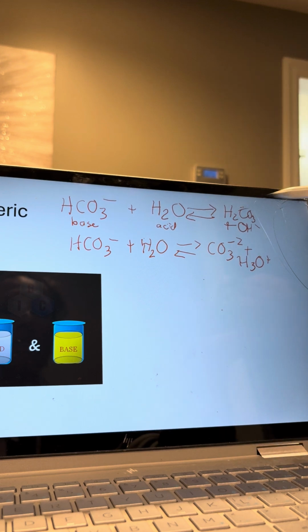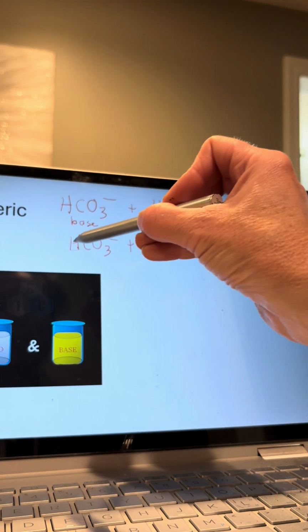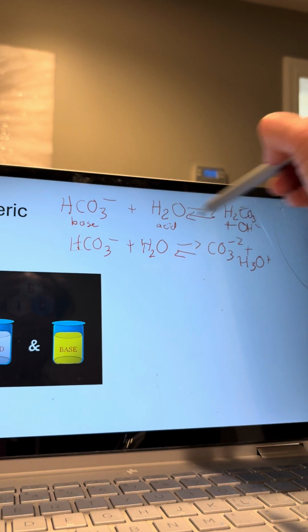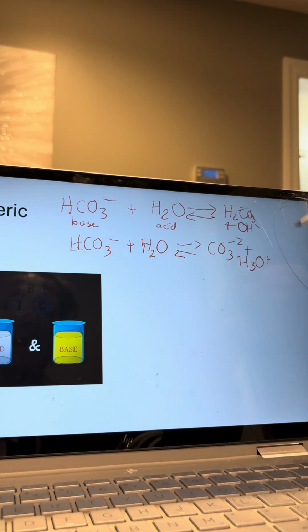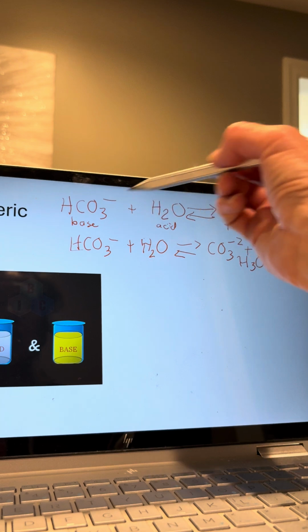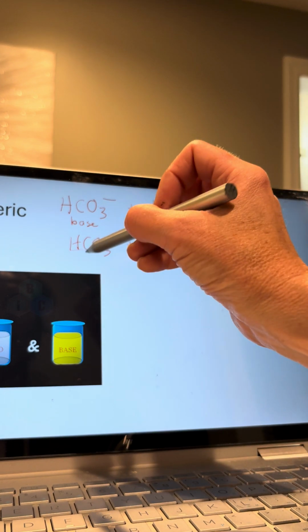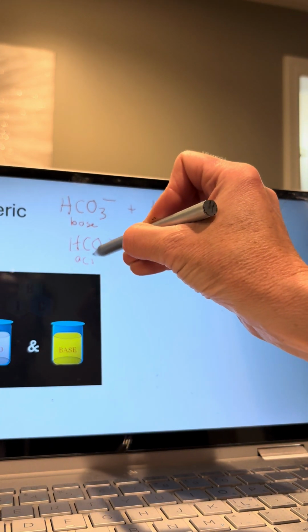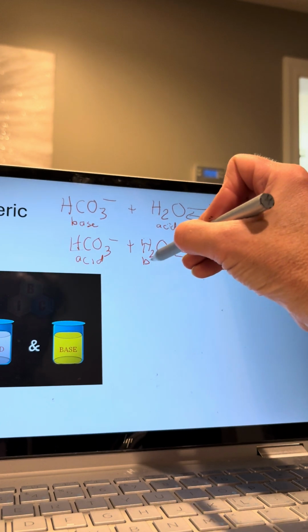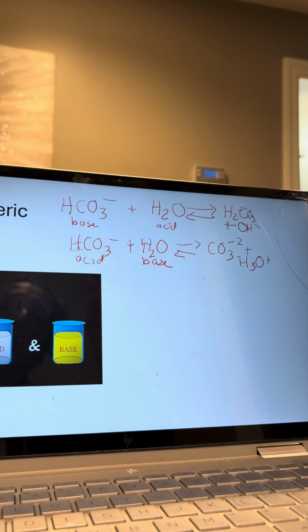Well, this time, the hydrogen was donated to the water, creating a H3O ion, and then you have a CO3 ion, the carbonate ion. So therefore, in this case, since it donated it, that would be the acid, and that would be the base. So this would be an example similar to water, and it's dependent on the situation, where you could have it being one or the other.